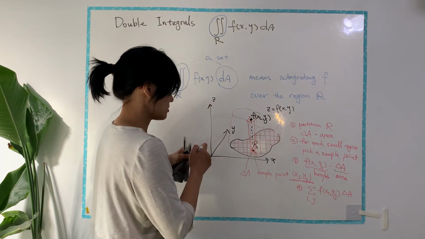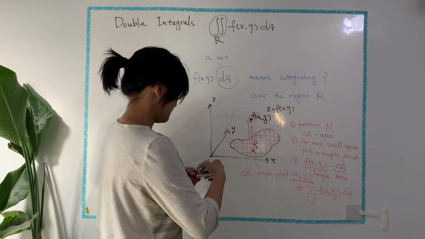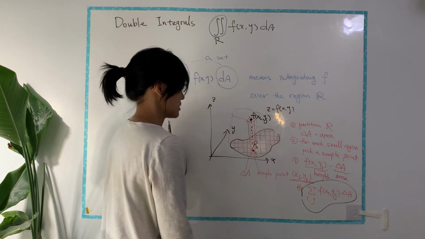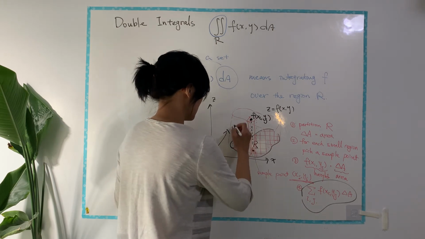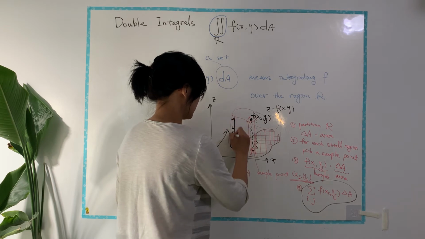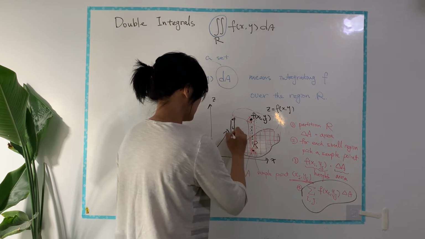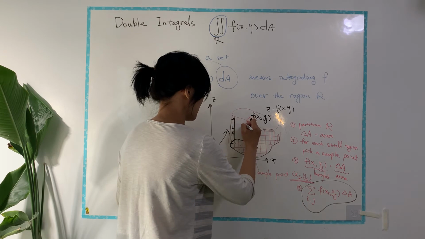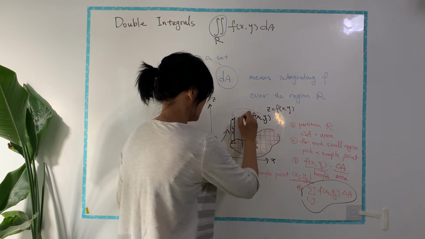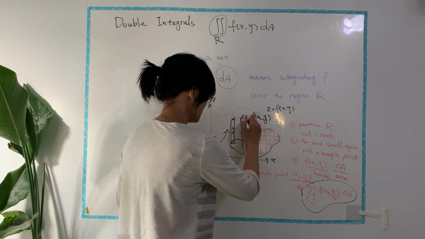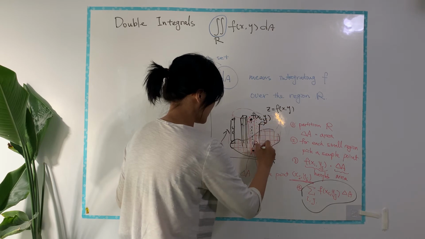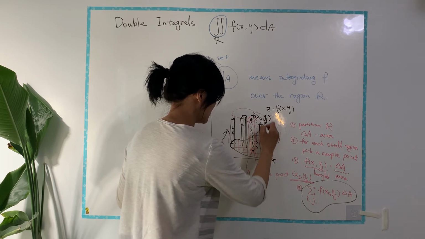What does this number mean geometrically? For each region I have an estimated volume, like this one over here, and that one over here.